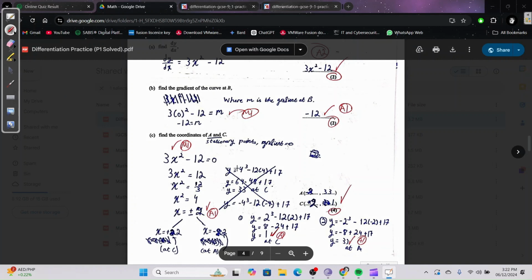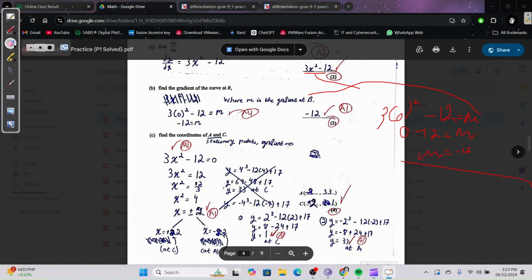You put in the derivative equals to m, where m is the gradient at B. So again, the x value was 0, so 3 times 0 squared, because this was our derivative, 3x squared minus 12, equal to m, where m is the gradient at B. So 3 times 0 squared, 0 squared, 0, 3 times 0, 0, 0 minus 12 equals m. M is equal to negative 12.